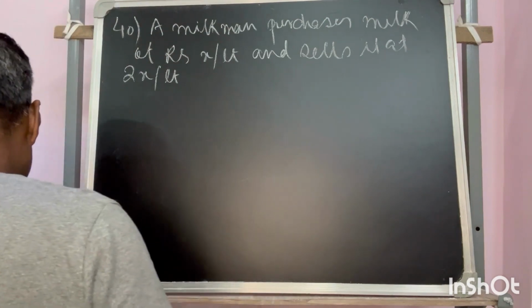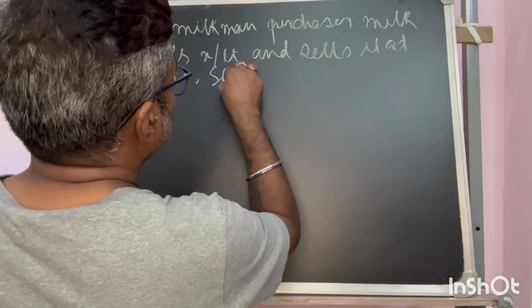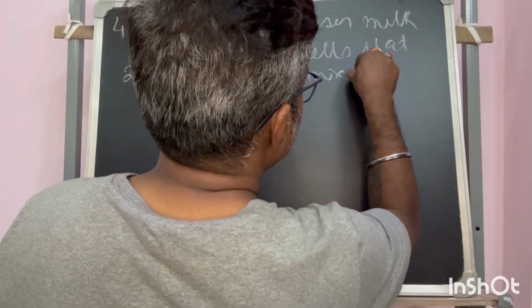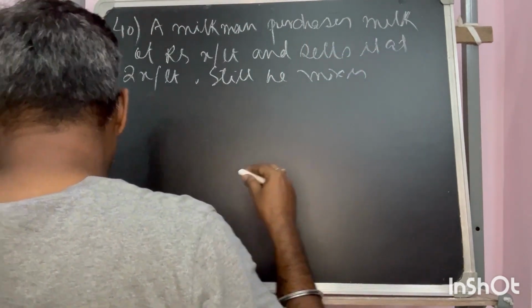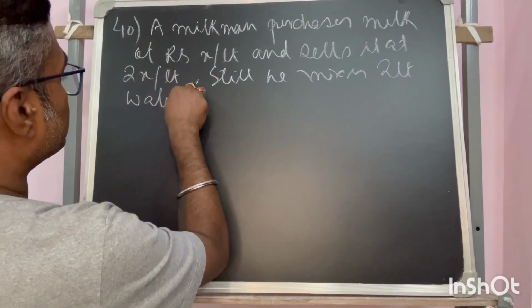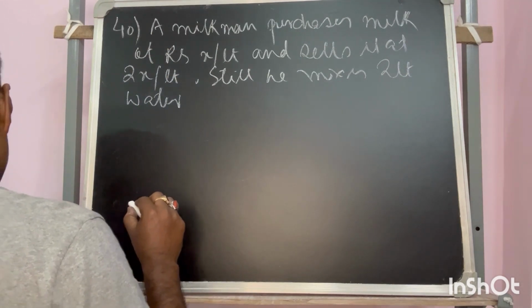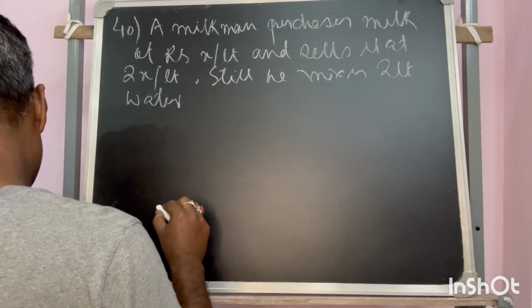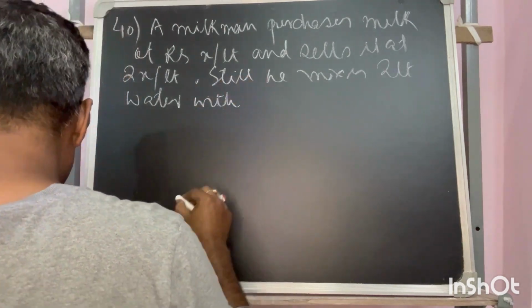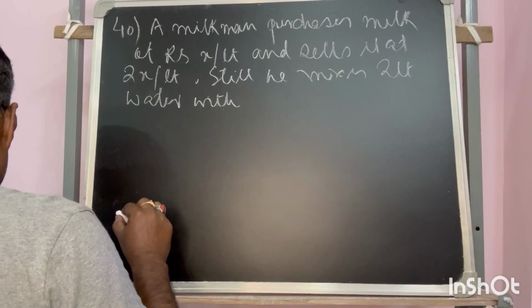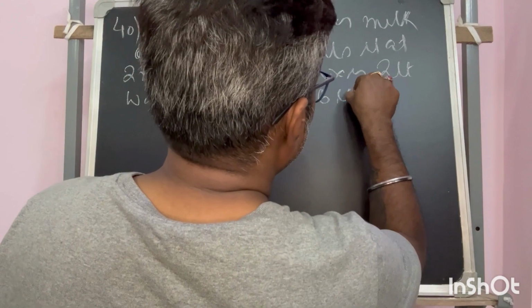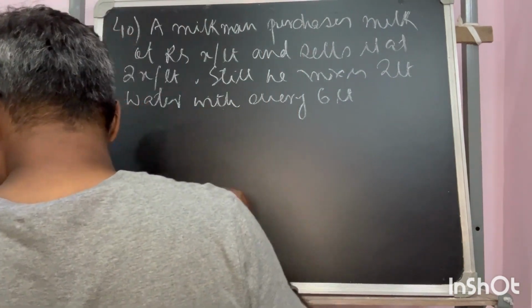Still he mixes 2 liter water with every 6 liter of pure milk.